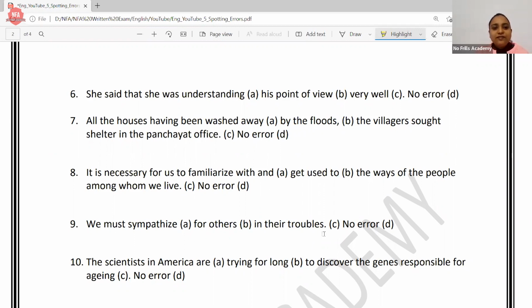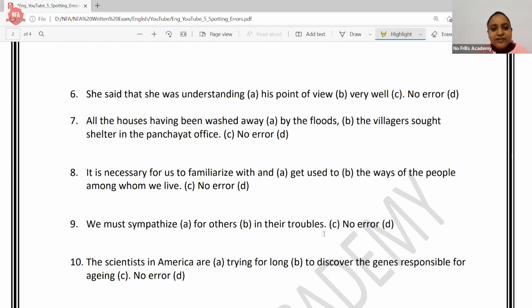Next, it is necessary for us to familiarize with and get used to the ways of the people among whom we live. It is necessary for us to familiarize with and, A; get used to, B; the ways of the people among whom we live, C; no error, D. Next, we must sympathize for others in their troubles.